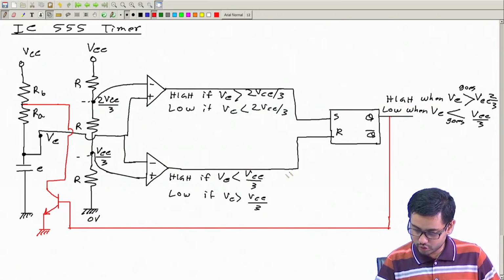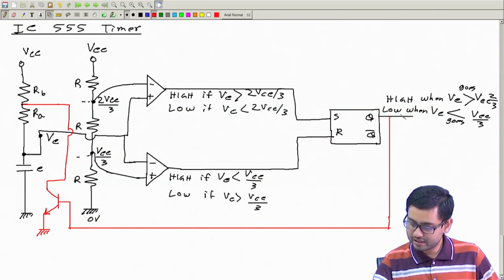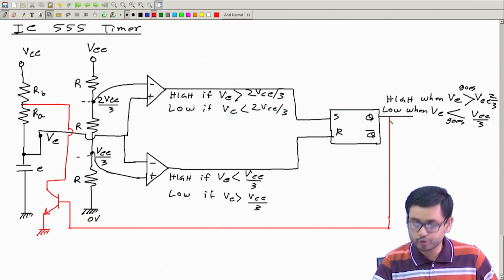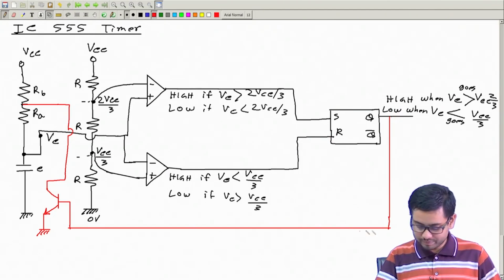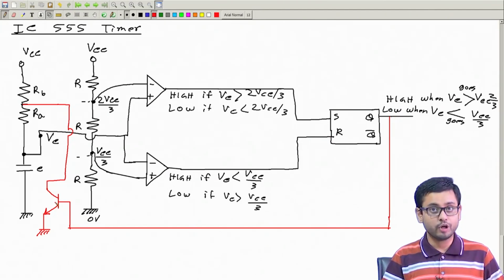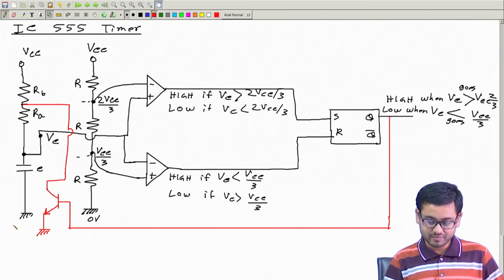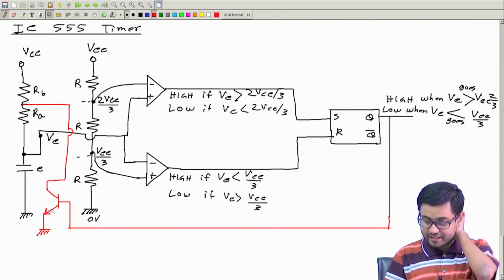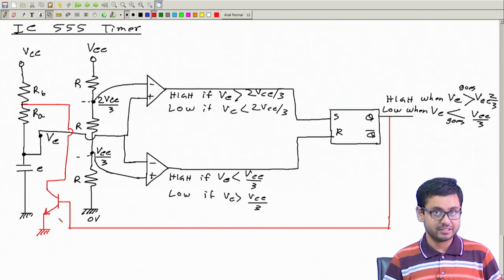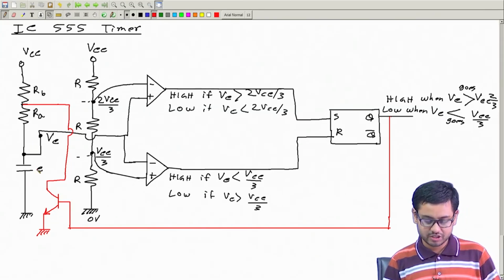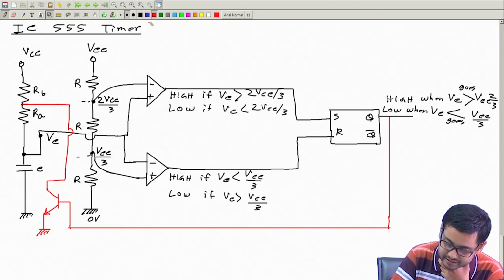So this will trigger the reset and this output will be low, and once this is low, this transistor will be off, and then it will start to charge again. This way it will keep oscillating between charging and discharging. So let me just write the essential story in a few words.